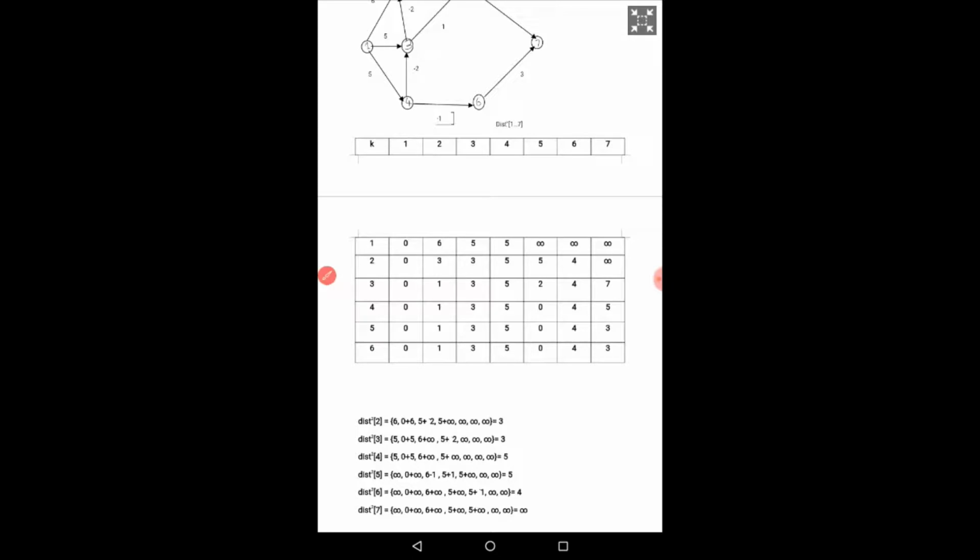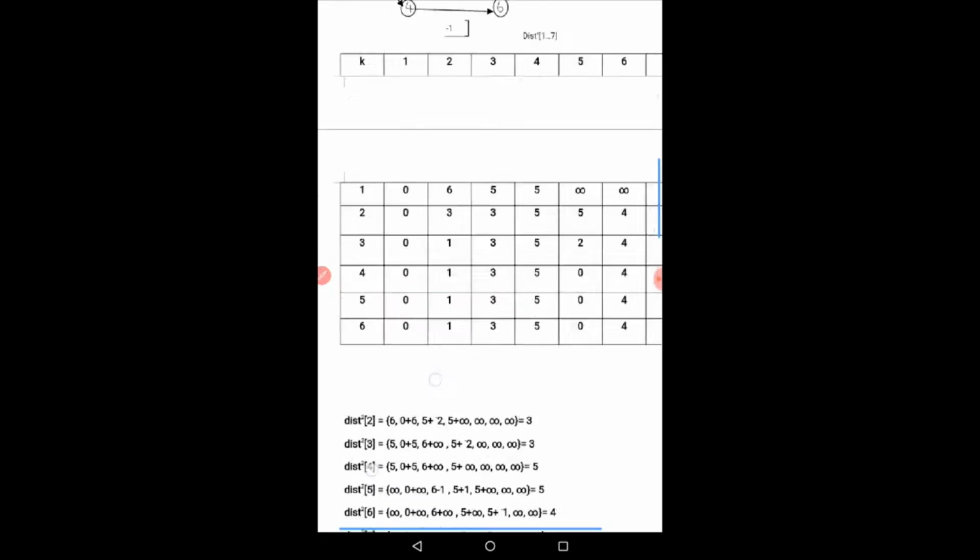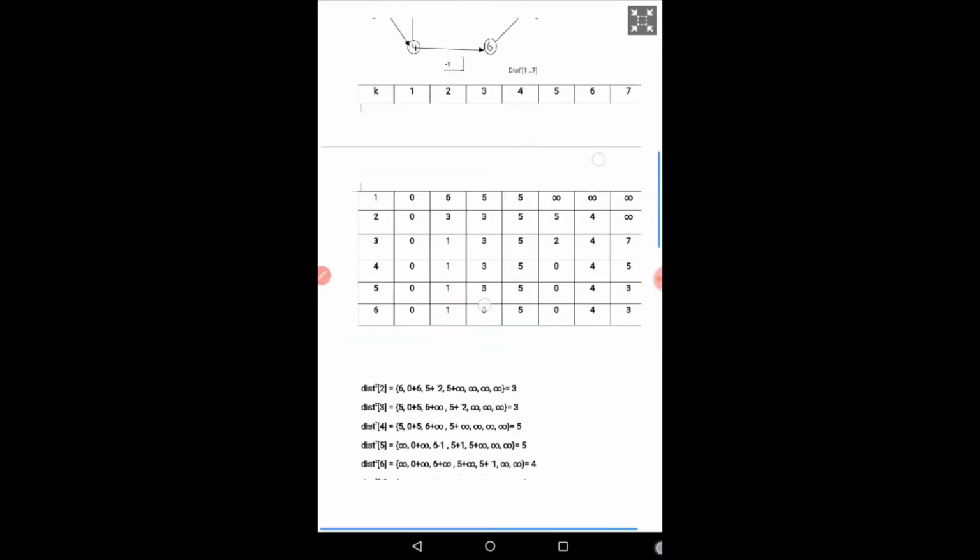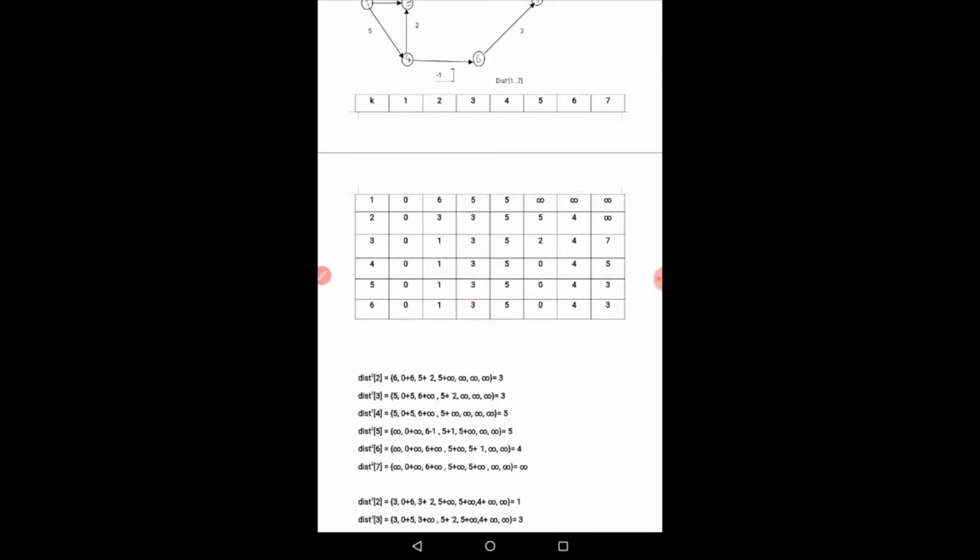The previous distance of 1 is 0. So here 0 plus the distance from 1 to this current node 2.